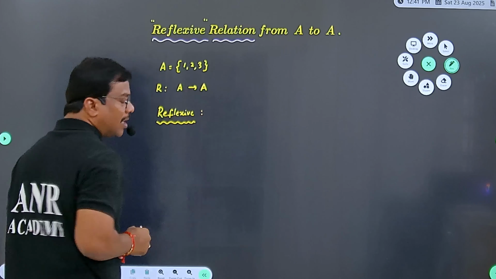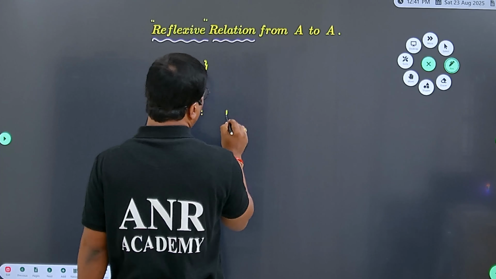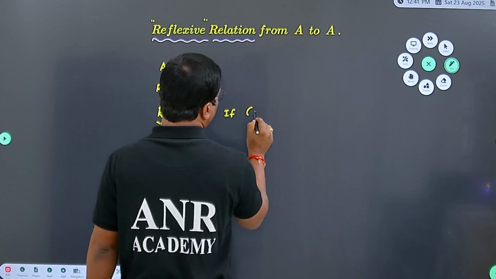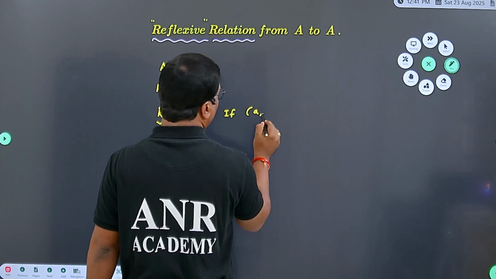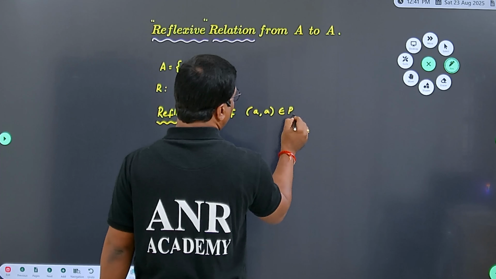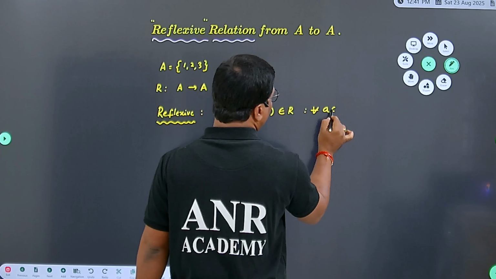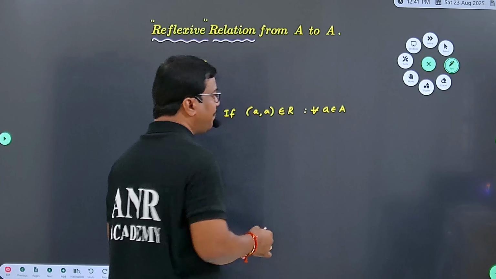The relation is called reflexive if (a, a) belongs to that relation for all small a belonging to that given set.